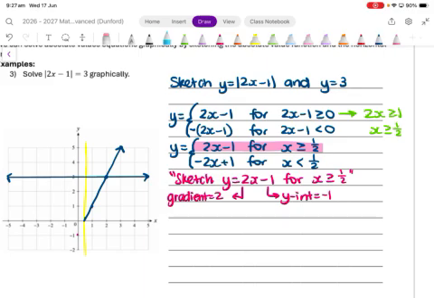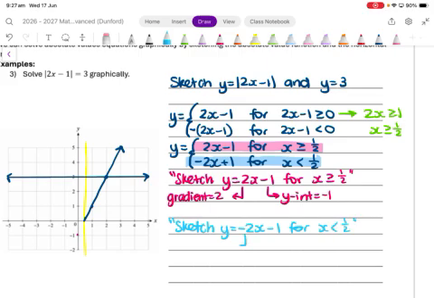Then, now that we've sketched that side, we want to sketch our left-hand side. To be honest, it doesn't matter which order you sketch these in, but I'm now going to sketch y equals negative 2x plus 1 for x is less than a half.